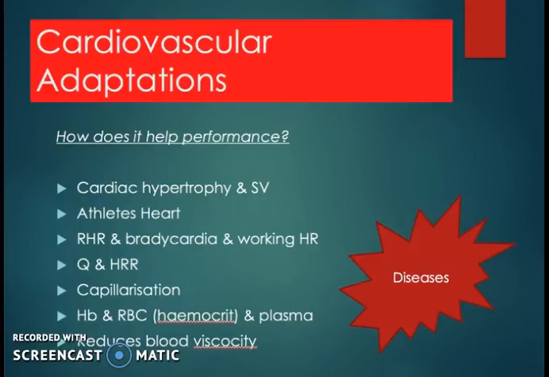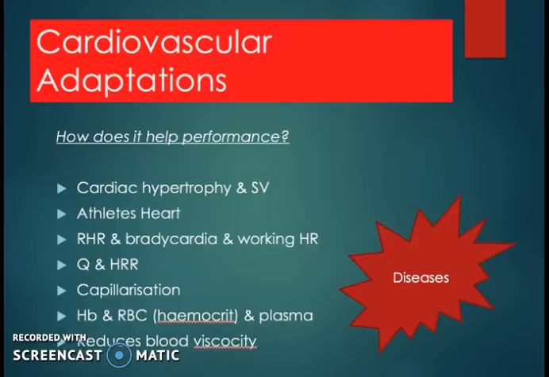These things you see on these bullet points will occur: cardiac hypertrophy, athlete's heart, lower resting heart rate, lower working heart rate, cardiac output, capillarization, hemoglobin levels, and also blood viscosity would have to adapt.